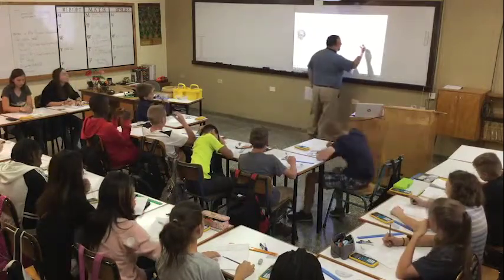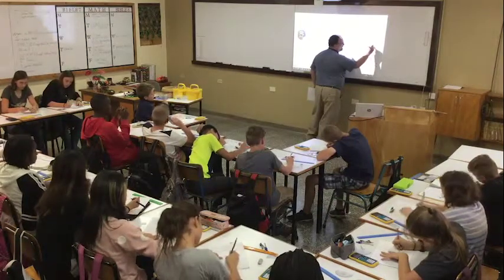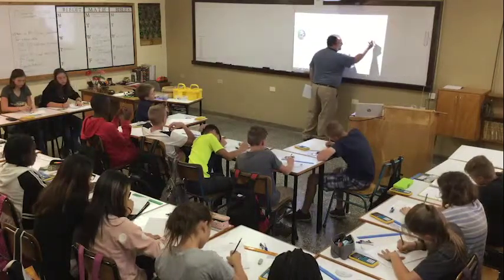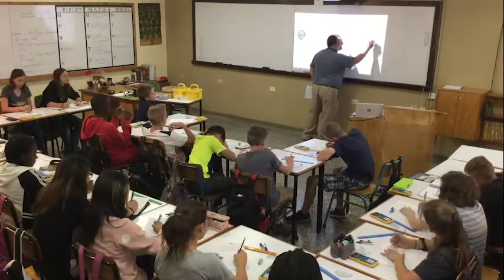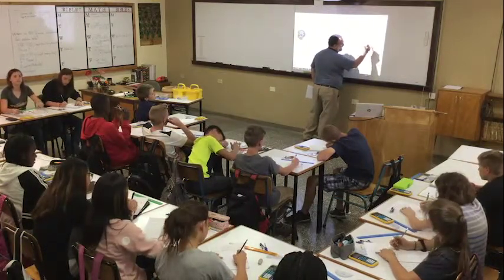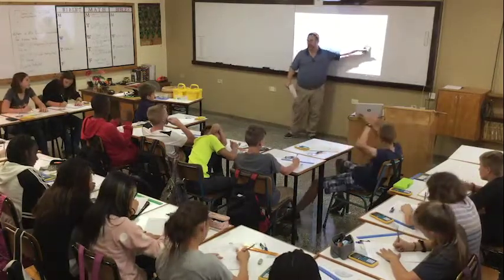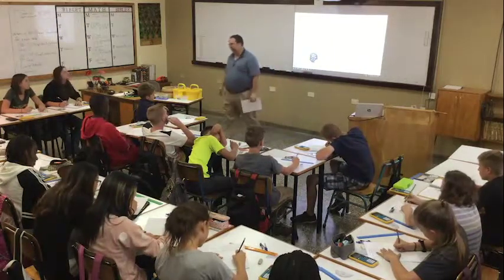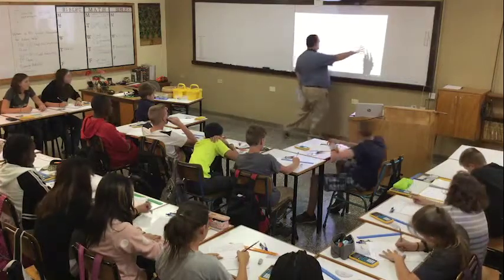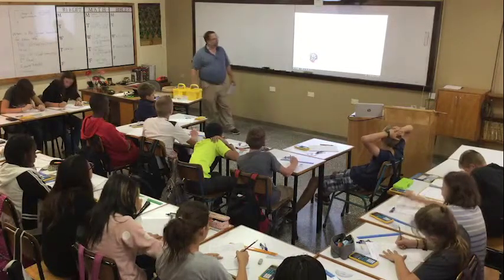So if I have line AB and I have another line CD, if this is a 90-degree angle, and you see I used my symbol for 90 degrees to show that even though I didn't draw it 90 degrees, it is a 90-degree symbol. These two are called perpendicular lines because they form 90-degree angles, right angles.